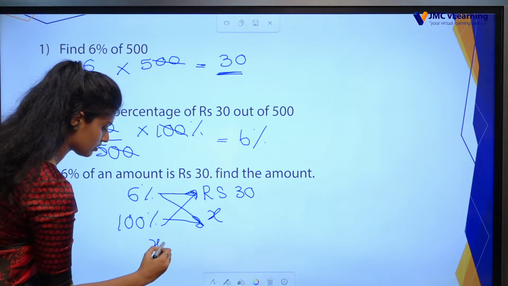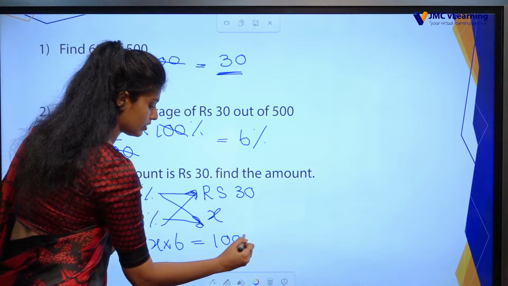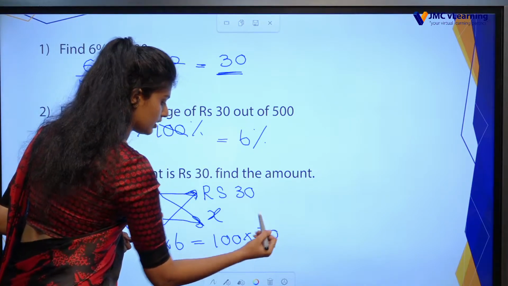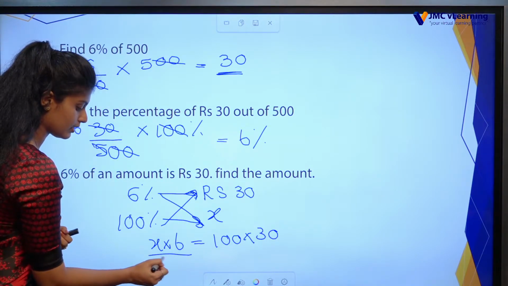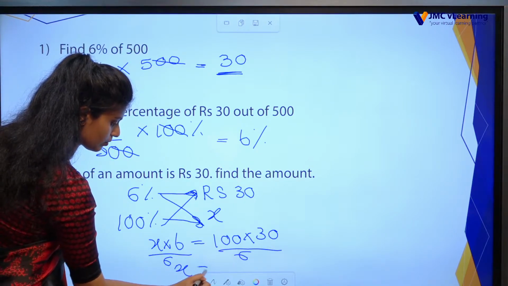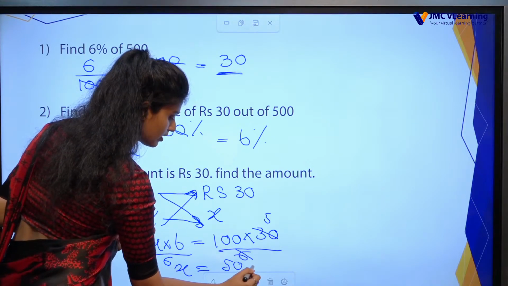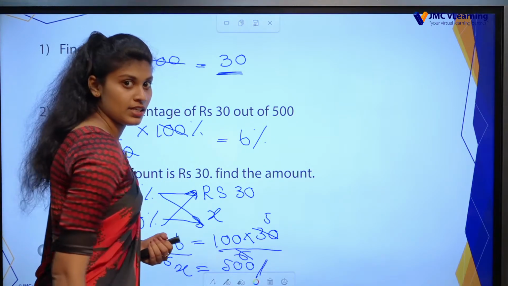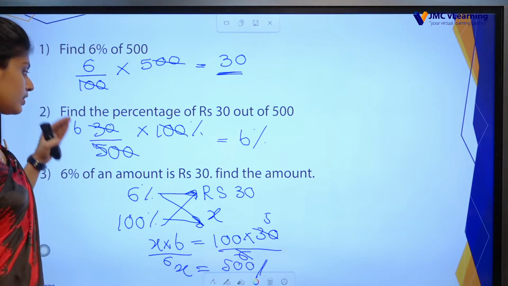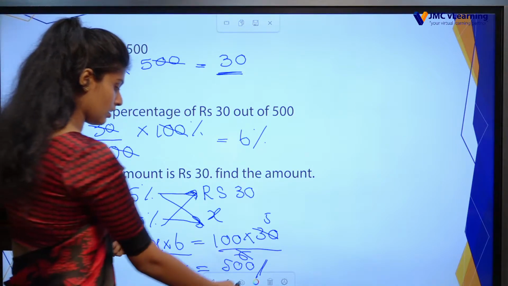X into 6 is equal to 100 into 30. Then on both sides let's divide by 6. X is equal to 500. That is the amount. This is how we can ask the same question in 3 types.